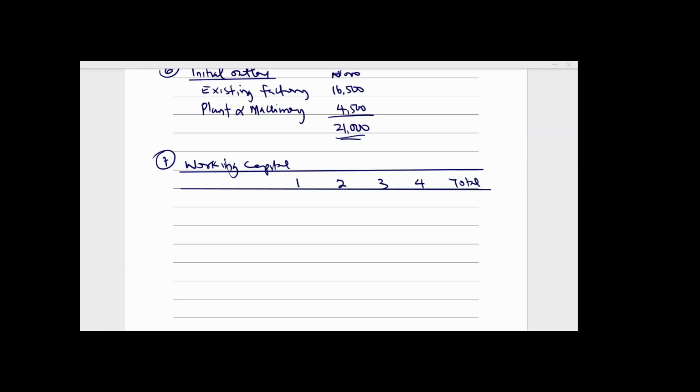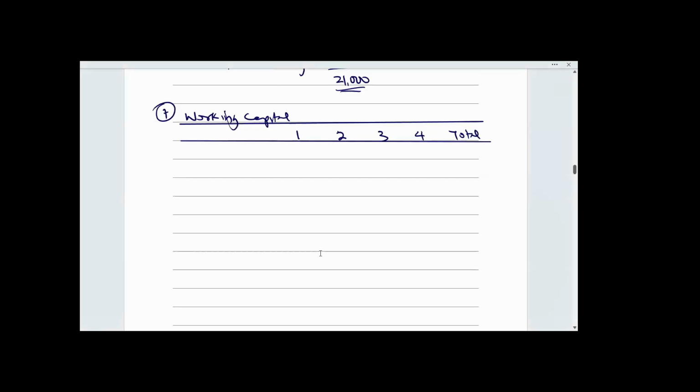So working capital is 15% of the anticipated sales revenue. Therefore, I would then say working capital at 15% of sales.